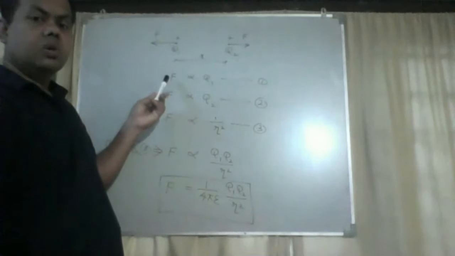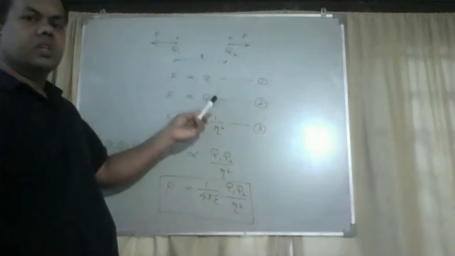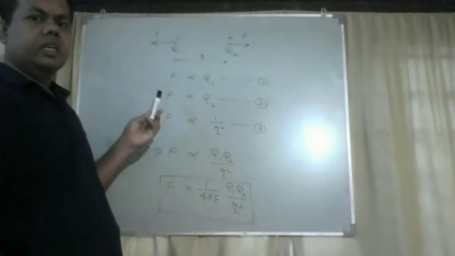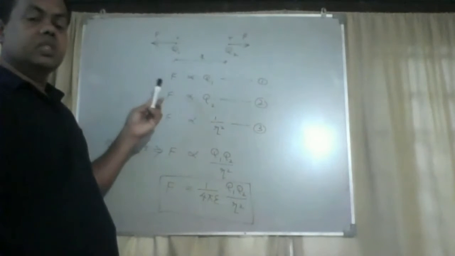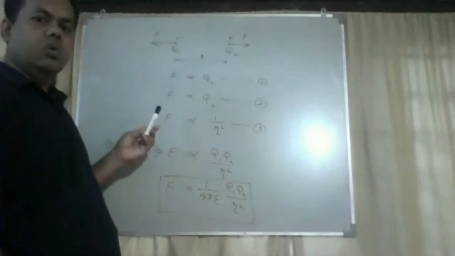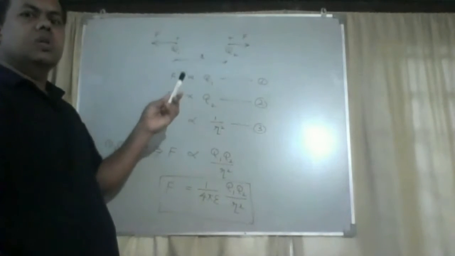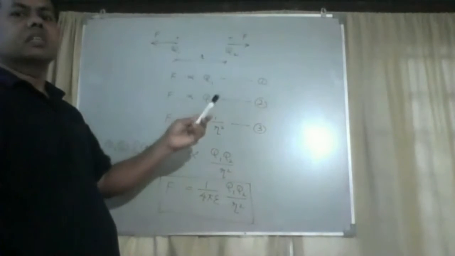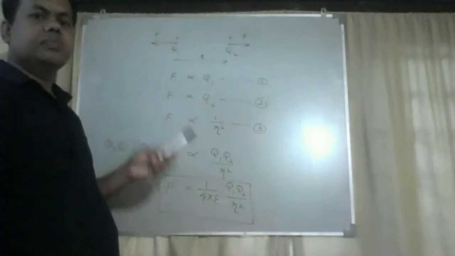As per Coulomb's law, F is proportional to Q1, say equation 1, and also F is proportional to Q2, say equation 2, and also F is proportional to the inverse of the square of r, say equation 3.